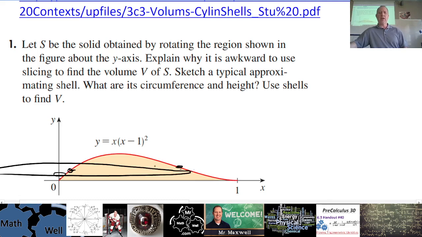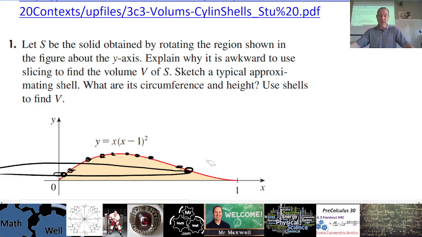How do you find the difference between a function and itself on different parts of the function? How do you find the width of this washer? So it would be awkward because you only have one function that provides the outer and the inner function. There is only one function involved. It's not like you can subtract two functions to get the width of that washer.